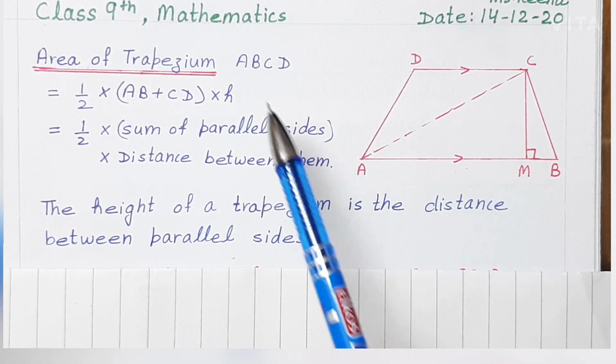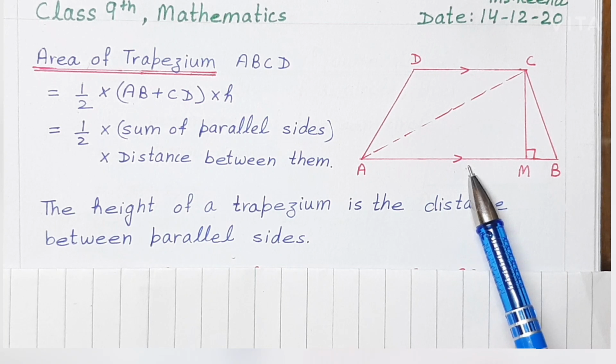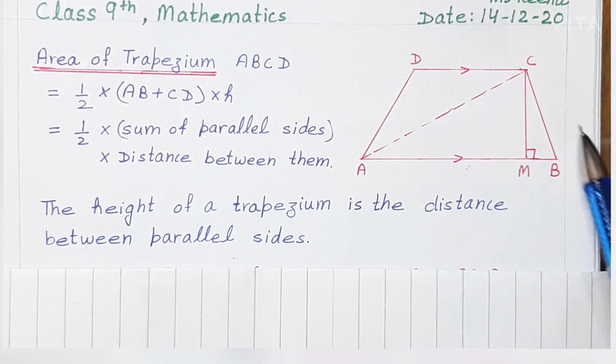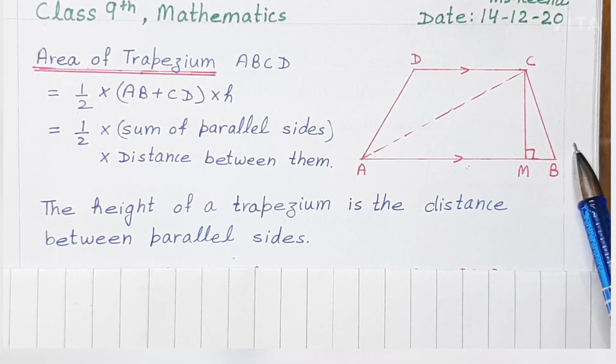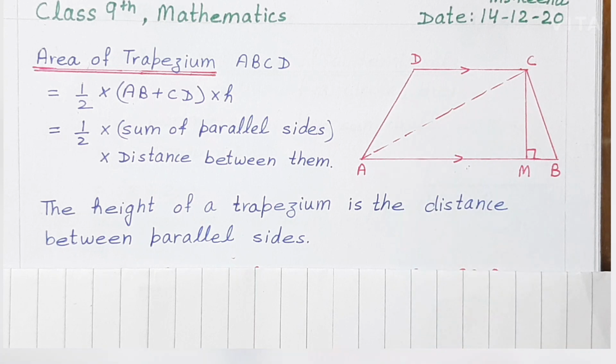Children, remember height is the perpendicular distance between the two parallel lines. And what will be its perimeter? That is sum of all the sides. Clear? I hope it is clear to everyone now. So these are all the areas of different types of quadrilateral.